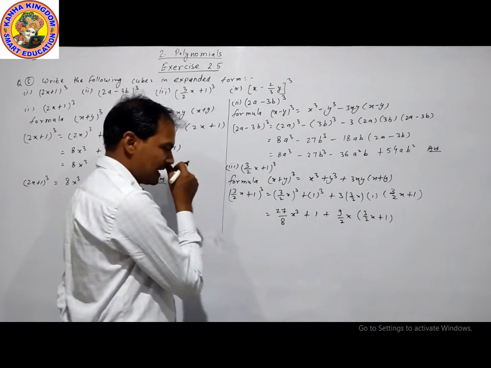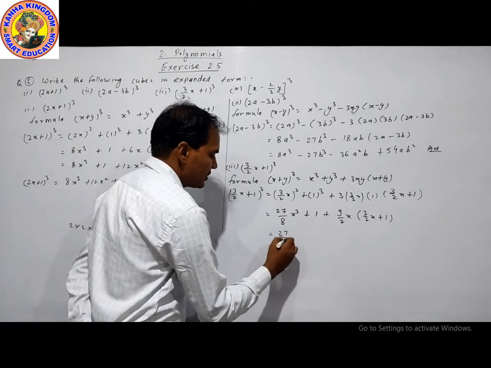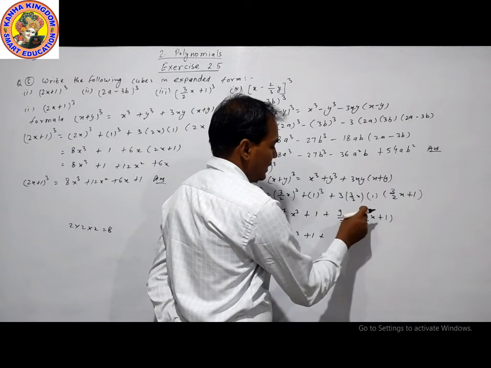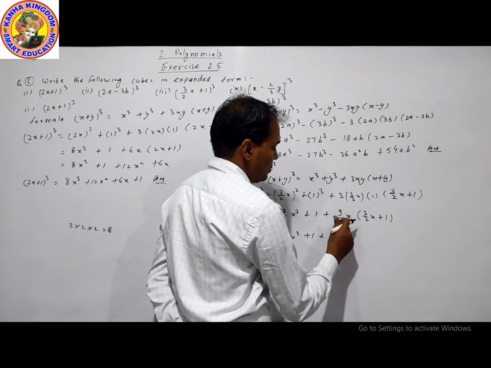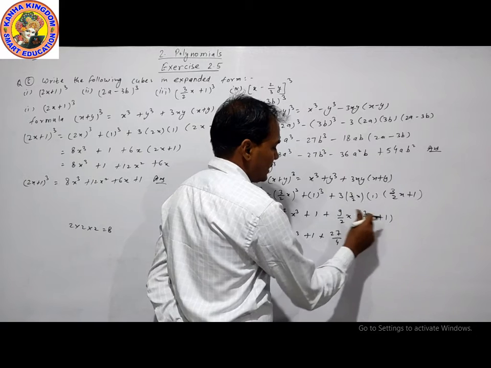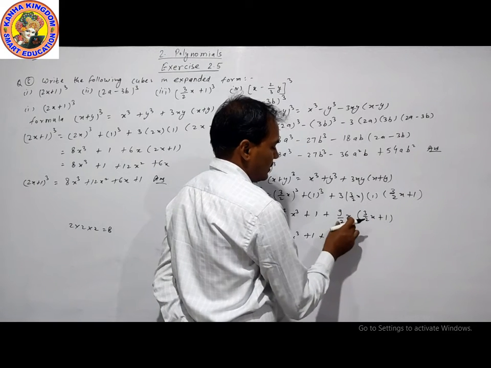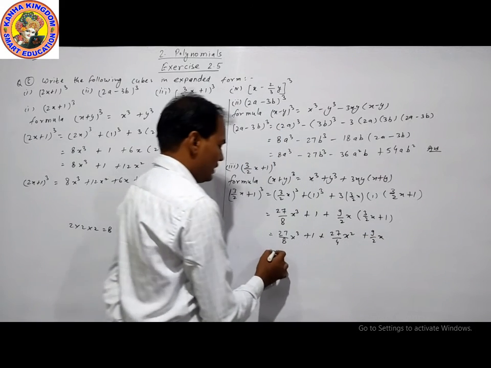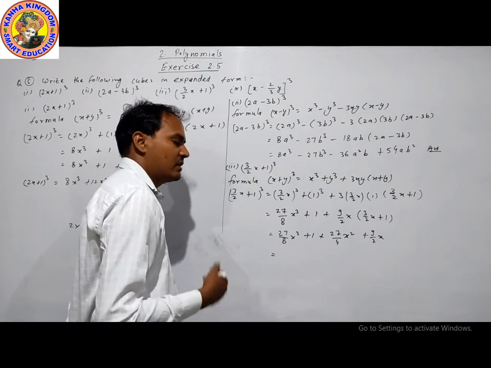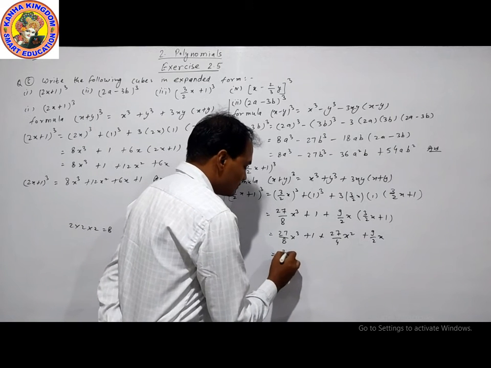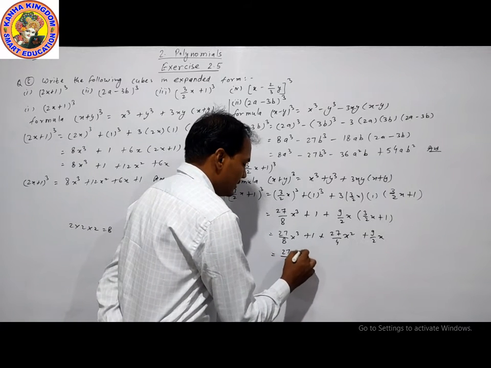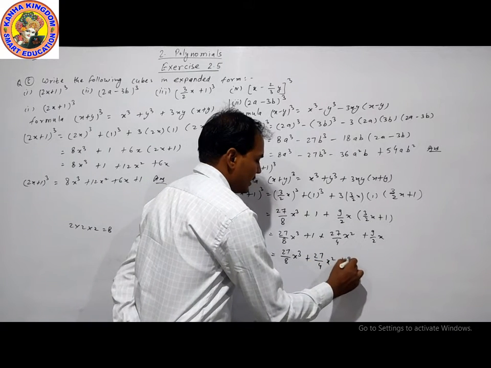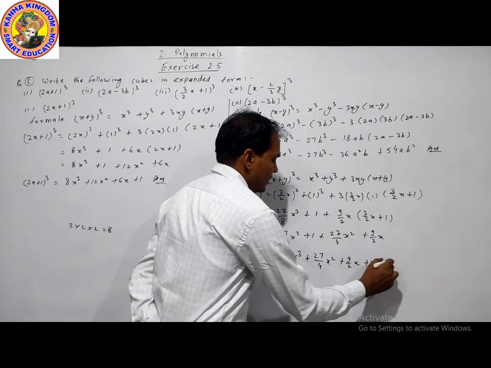Now we are opening the bracket: 27 by 8 x cube plus 1 plus 9 into 3 is 27, 2 into 2 is 4, x into x, x square. Now multiply by 1, 9 by 2x. Rearranging the terms, first x cube, then x square, then x, then the constant: 27 by 8 x cube, 27 by 4 x square, then 9 by 2 x, then 1.